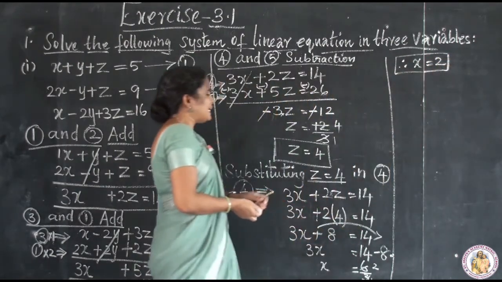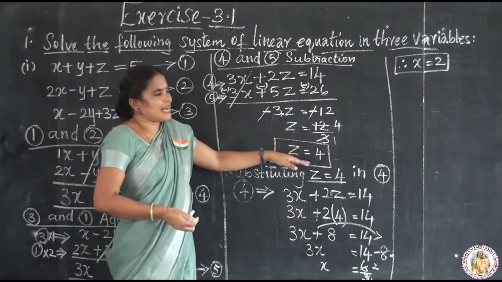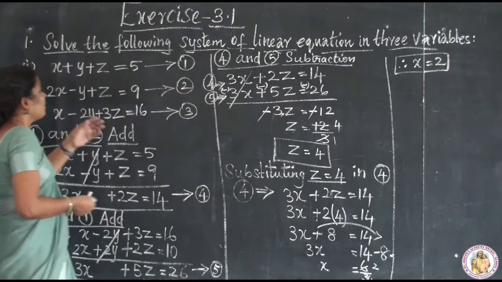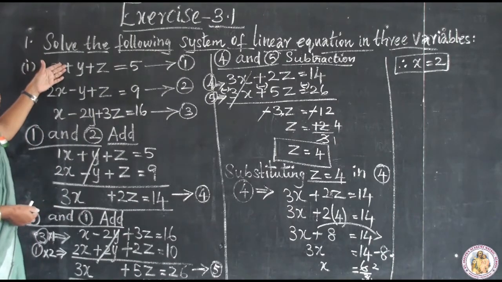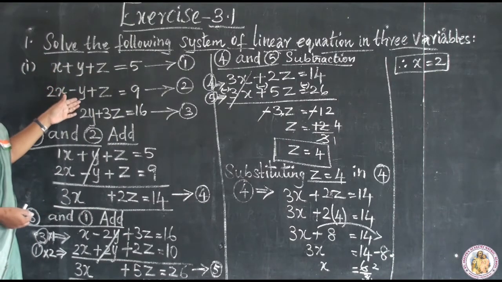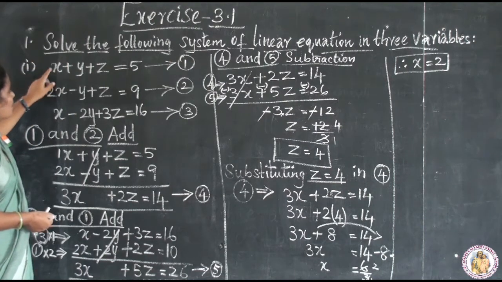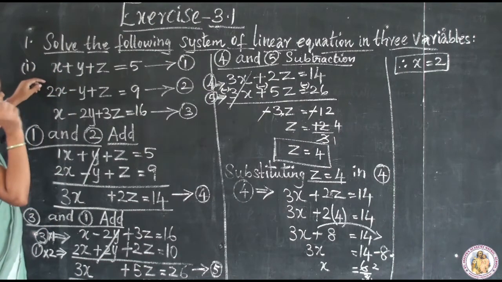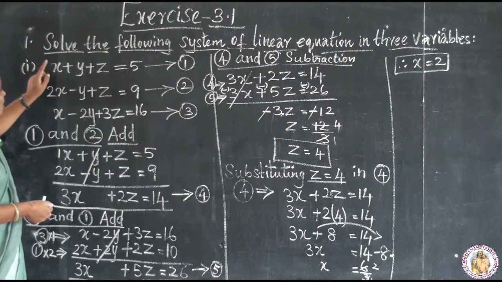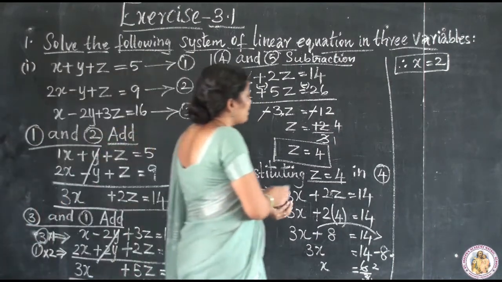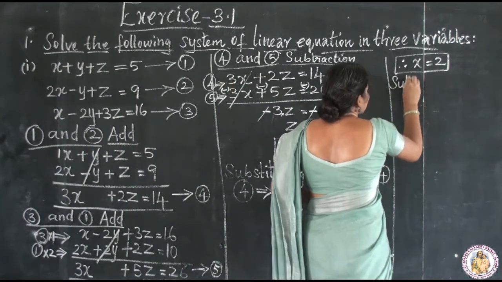Now we have found easily the value of z as well as the value of x. Now we can apply in three variables. Either you can take the first equation, second equation or third equation. It is very easy for us to choose the proper equation so that it will not confuse you. So I am going to take the first equation: x plus y plus z is equal to 5.